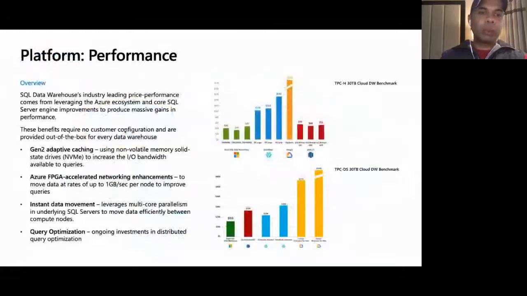So performance is super important as we look at more and more data. On the right-hand side of this slide is more marketing, you can ignore that. But essentially, if you're building this kind of limitless data processing platform, you need adaptive caching, which uses really new technologies like NVMe, and technologies like FPGA from a networking standpoint, primarily because you're moving lots and lots of data across the participating nodes at very high speeds.